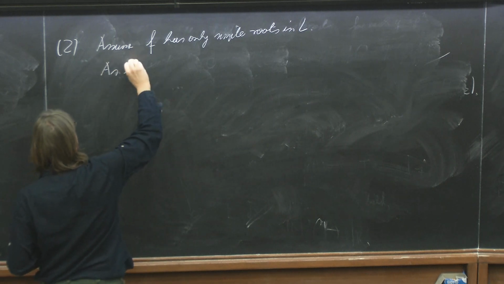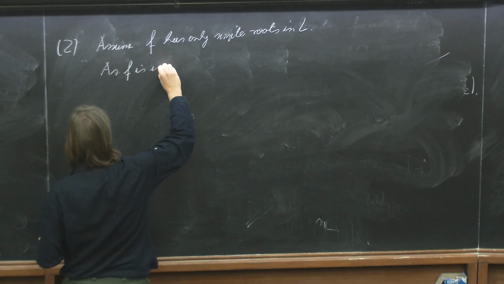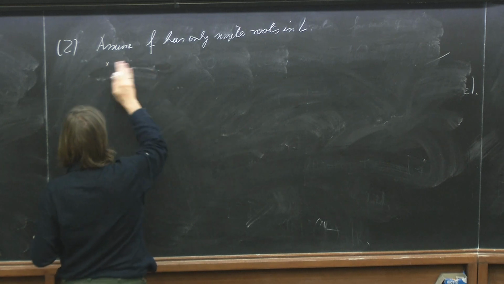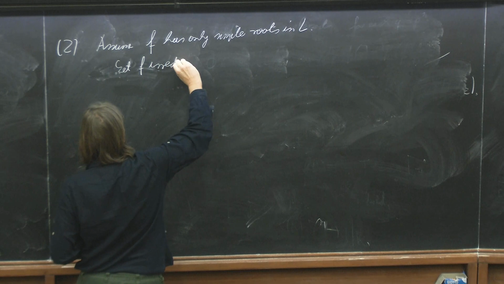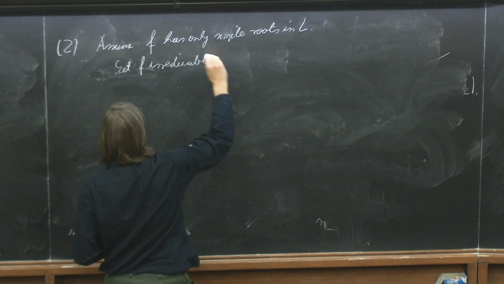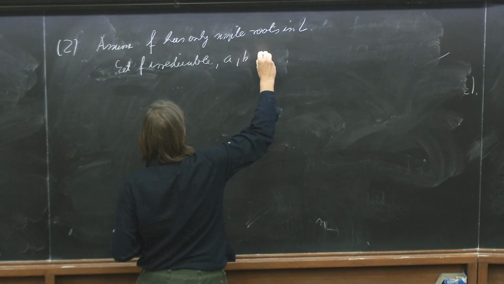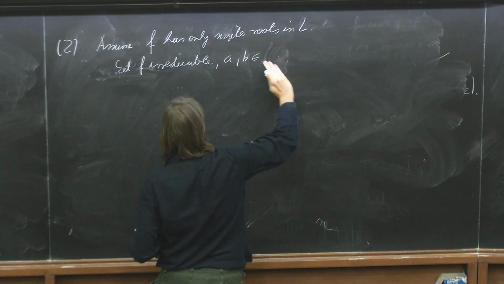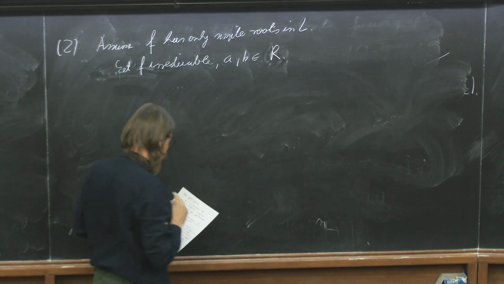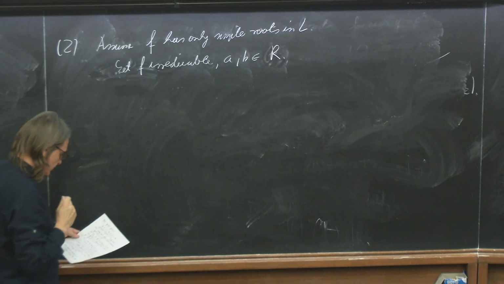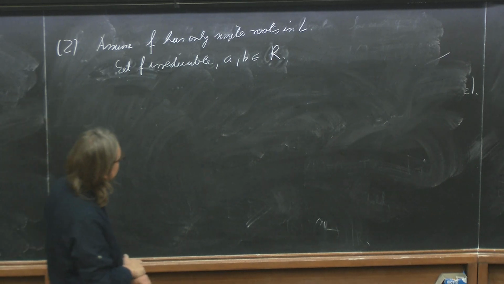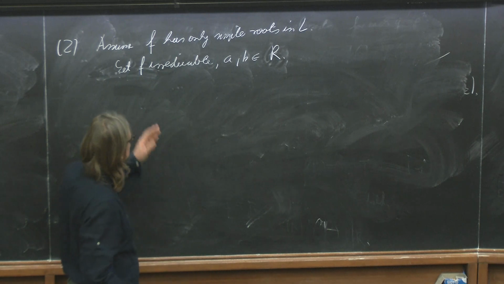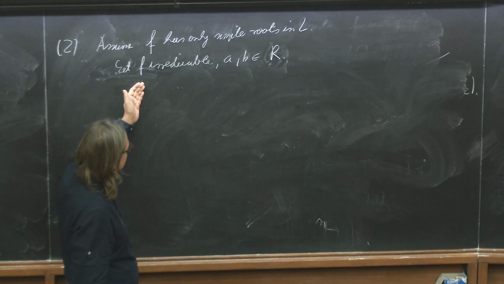As F is irreducible, let F be irreducible, and we take A and B of its roots. So then, as it's irreducible, we can also assume that it's monic. We just divide by the leading coefficient.